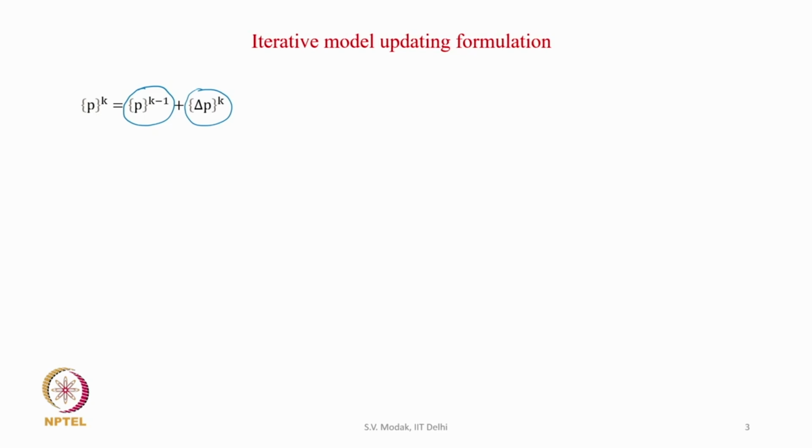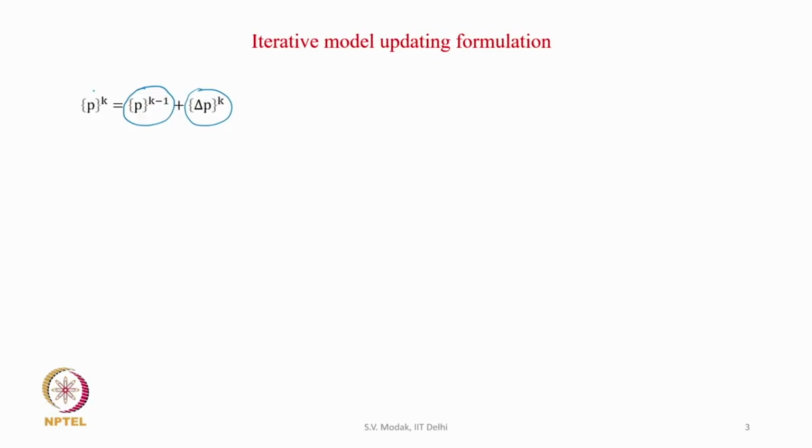At the end of the kth iteration, the parameter vector gets updated and is denoted by vector p_k. Therefore p_k is equal to p_{k-1} plus delta p_k. It defines how the parameter vector is updated from iteration to iteration. But now the question is how delta p is determined.